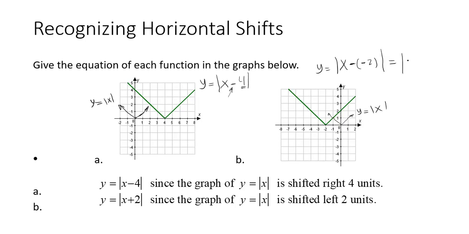Therefore, we write this as absolute value of x plus 2. So we're shifting 2 units to the left, shifting 4 units to the right. Again, this minus is part of the formula. So it would be absolute value of x minus 4, or absolute value of x plus 2. That would be the formula for that.